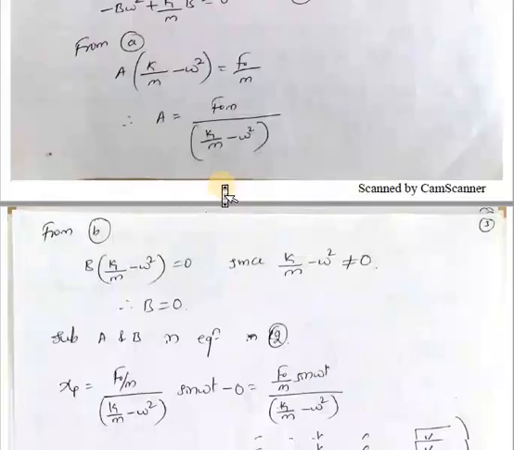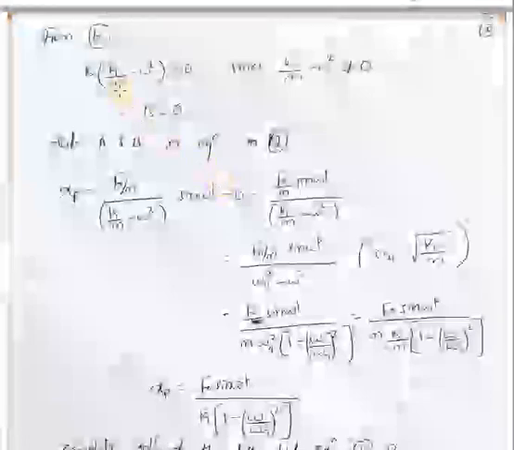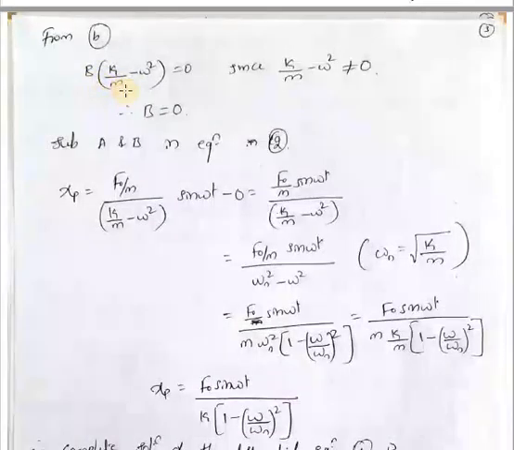Now from equation b, it is b into k by m minus omega square equal to 0. Since this term cannot be 0, because it contains mass, spring stiffness and omega, we cannot take these values as 0. So directly I can say that this constant b is 0.